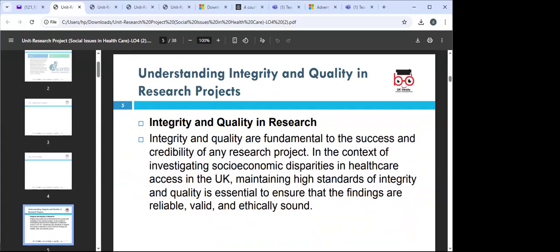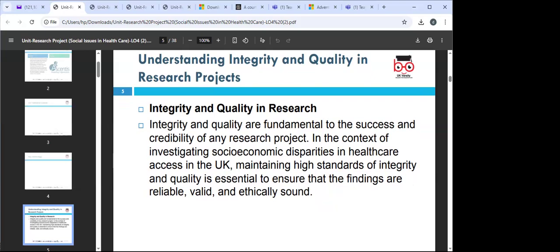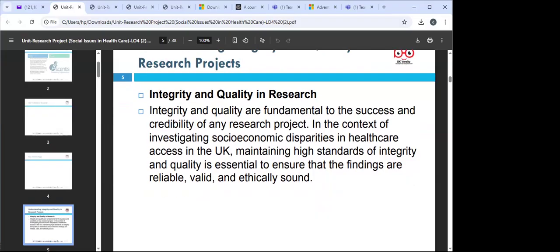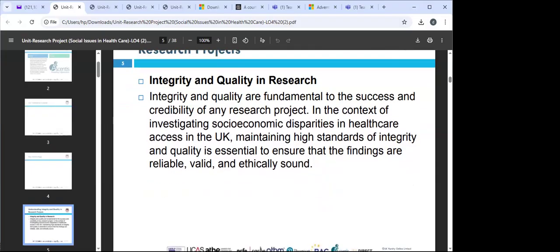So integrity and quality are fundamental to the success and credibility of any research project. In the context of investigating socioeconomic disparities in healthcare access in the UK, maintaining high standards of integrity and quality is essential to ensure that the findings are reliable, valid, and ethically sound.